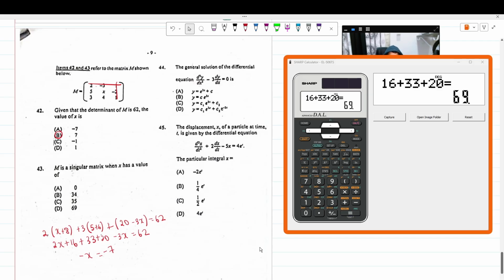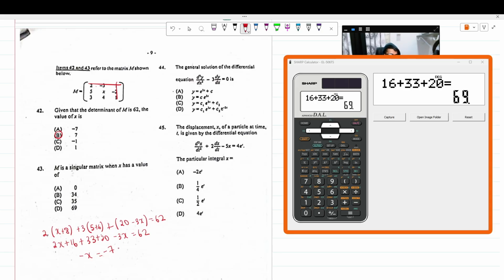M is a singular matrix when x has a value of. So if the determinant is equal to 0, so we have the determinant, which is minus x. That is the determinant.